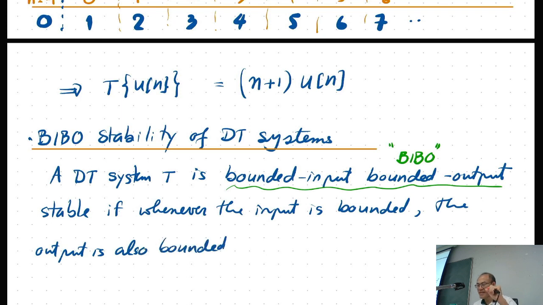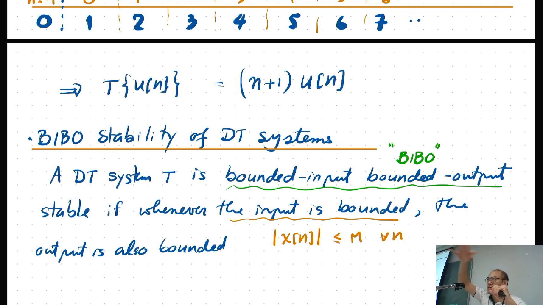Okay, so what do I mean by bounded input? Input is bounded means that the magnitude of the input is less than some value for all n. Okay, there is an upper bound for the input. You can find an upper bound for the value of the inputs. If you cannot find an upper bound, then it is not bounded.